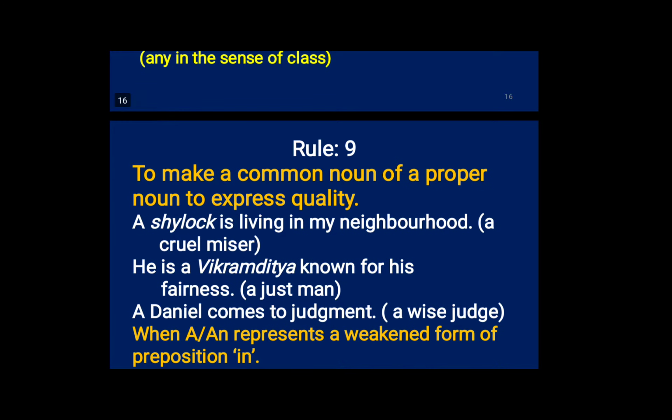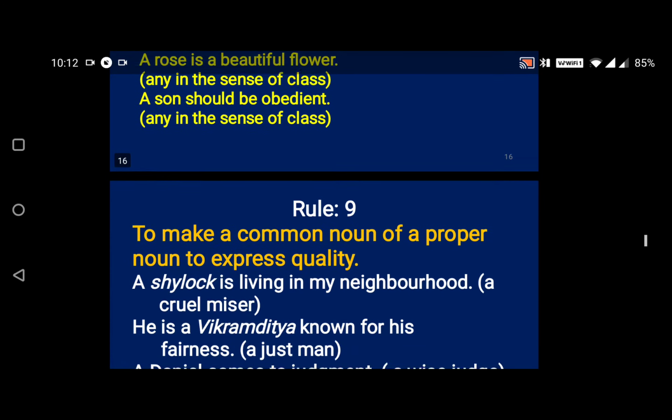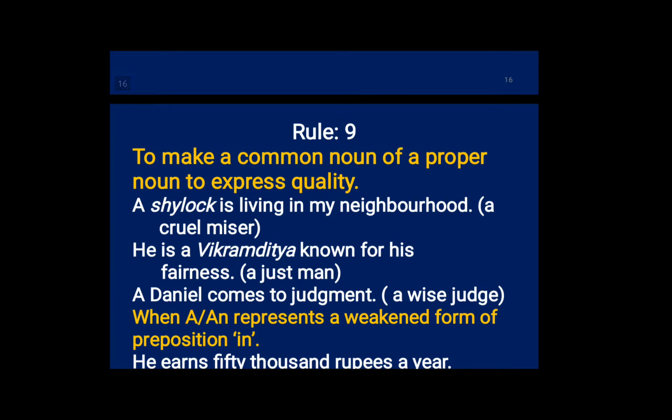Now coming to rule number 9. To make a common noun of a proper noun to express quality, also we use the indefinite article. Now look here. A Shylock is living in my neighborhood.